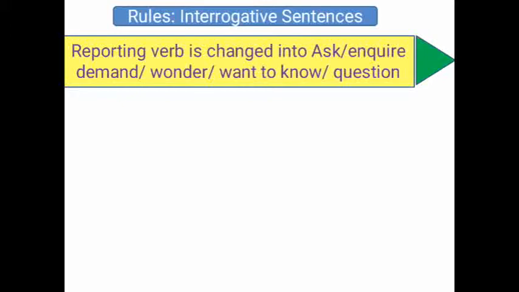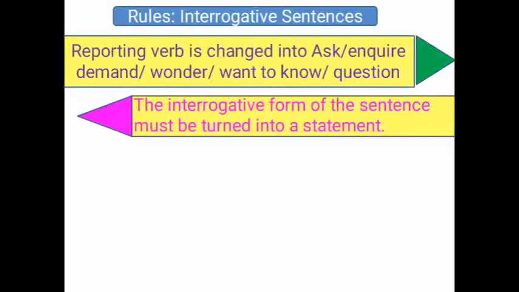So instead of just using the word said or told, we may use these reporting verbs. The interrogative form of the sentence must be turned into a statement. As we have already learned, we do not use the question mark in the indirect speech. Therefore, we need to convert the interrogative form into a statement.